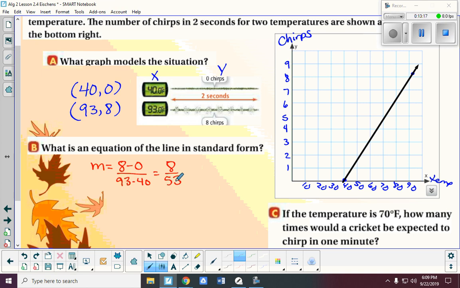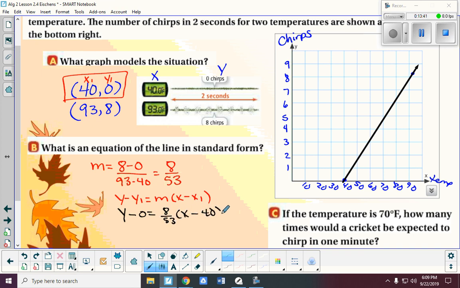So now we will use the point slope formula, and let's use this for our point, our x1, y1. So we have y minus y1 equals m times x minus x1. So now let's substitute in our values here. So y minus y1 equals 8 over 53 times x minus 40.